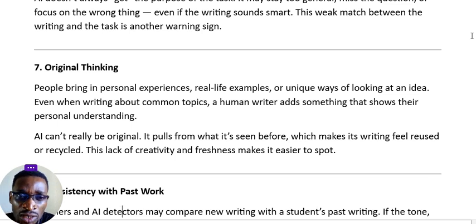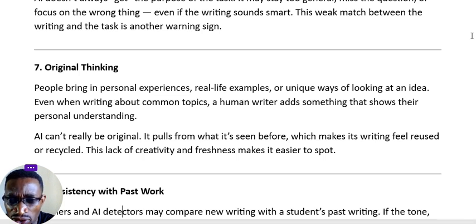Original thinking. People bring in personal experience, real life examples, or unique ways of looking at ideas when writing about common topics. A human writer adds something that shows their personal understanding. AI can't really be original.